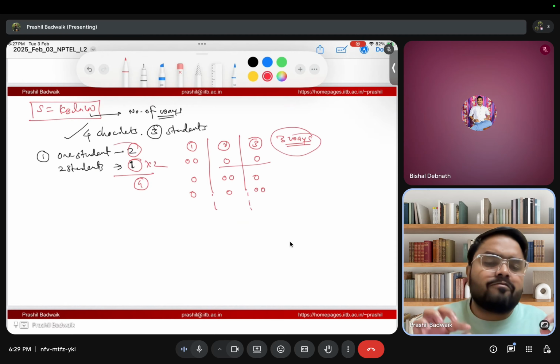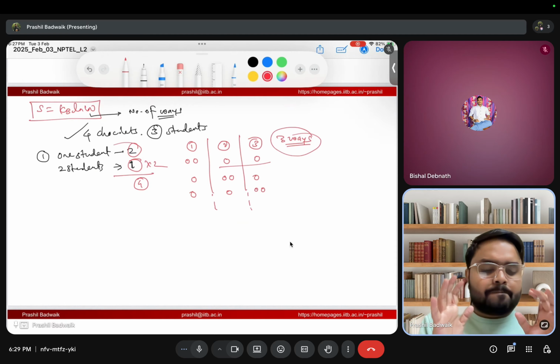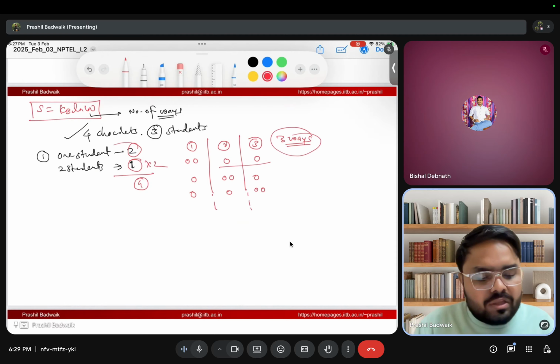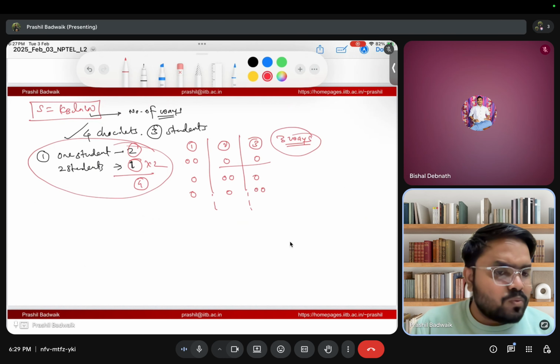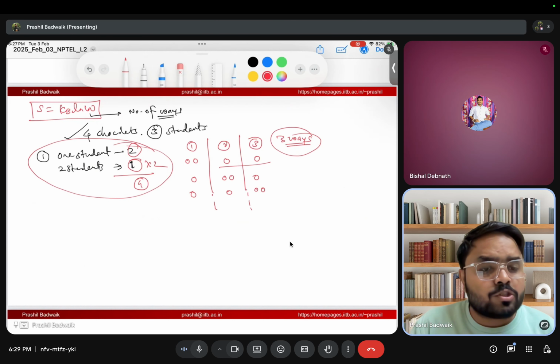See here, we have drawn a diagram and understood how to distribute these chocolates. But is it possible to do this for all cases? For example, I have 100 chocolates or 200 chocolates. We cannot draw these things, right?